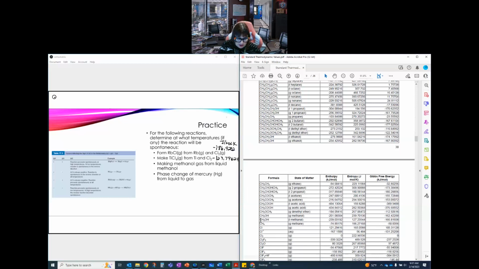Methanol is right here. It does say CH3OH. Methanol gas from liquid methanol. Okay, so my gas is right here.